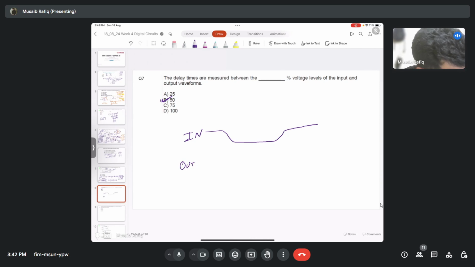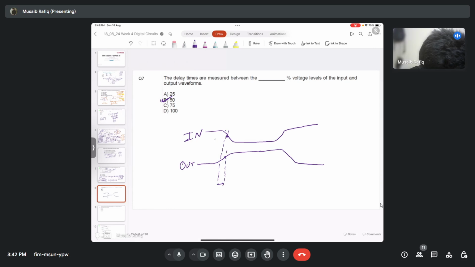Basically this signal was given to the input of an inverter. So let's just assume this is the 50% level, and this is the 50% level of the output.